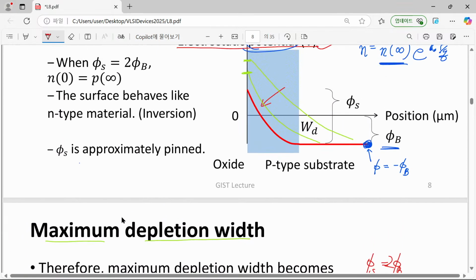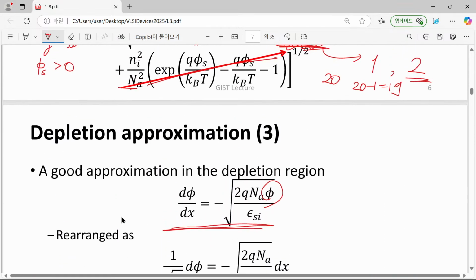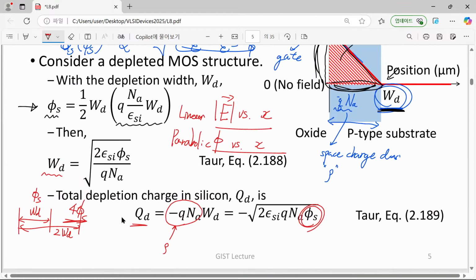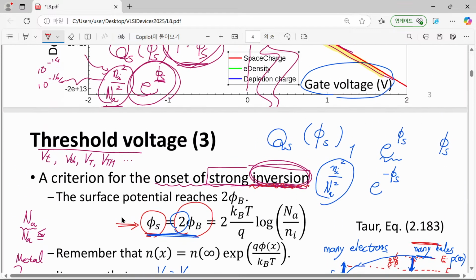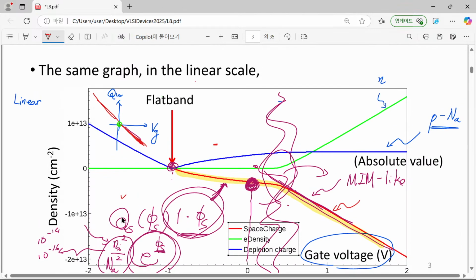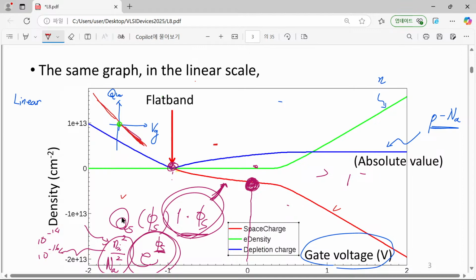For example, let's come back to our linear scale. When you come back to the linear scale, where can you find this depletion charge? Yes, this blue line corresponds to our depletion charge. And can you see almost constant behavior?